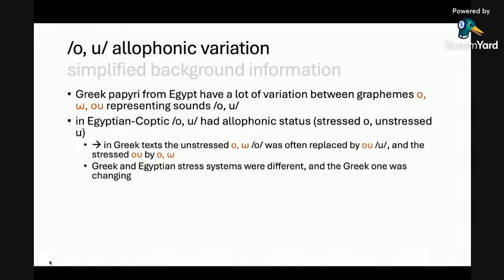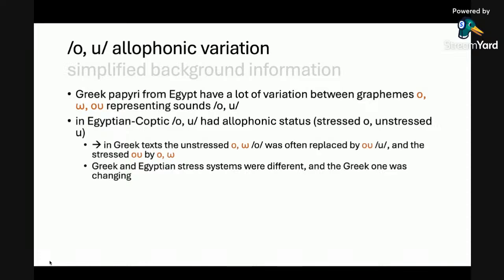The Coptic writing phase of the Egyptian language had allophonic status for O and U. In stressed position, there was O, and in unstressed position there was U. This is a bit of a simplified picture, but this suffices now.